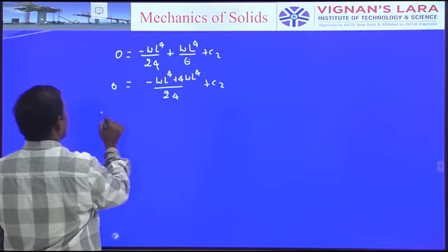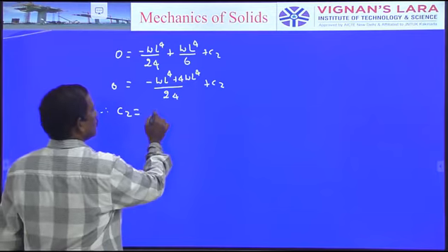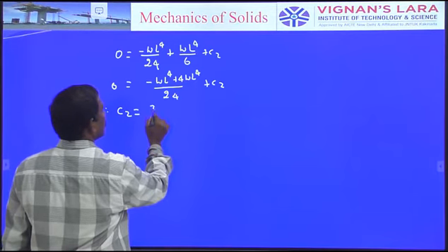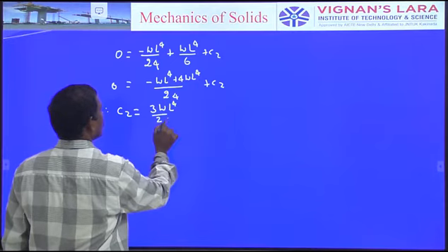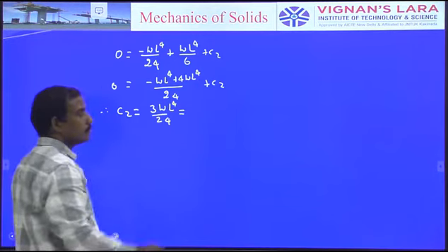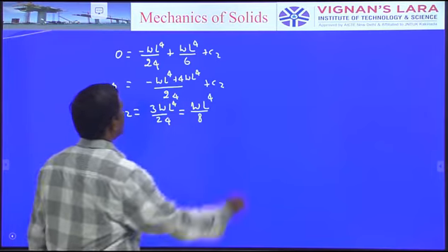Therefore C2 is equal to 3 WL power 4 by 24, finally WL power 4 by 8.